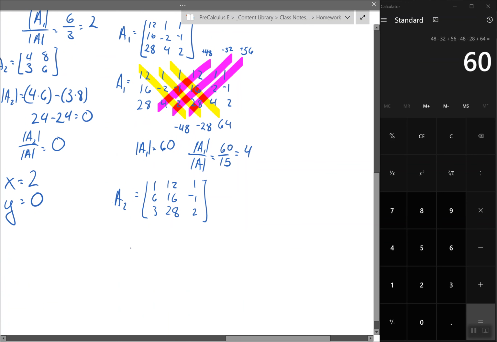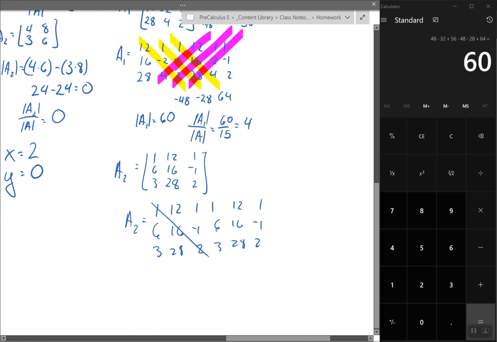So make our copy here. 1, 12, negative, oh no, positive 1. Let me rewrite all that. 1, 12, 1. Okay, 6, 16, negative 1, 6, 16, negative 1. 3, 28, 2, 3, 28, 2.